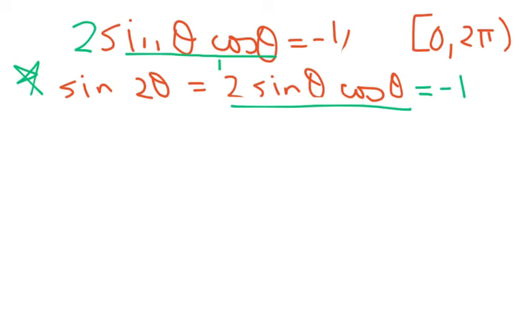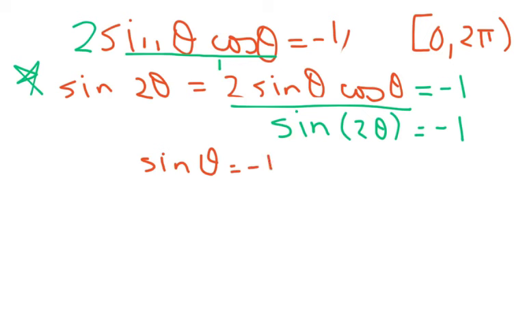Now, what I'm going to do is write this as sine of 2 theta equals negative 1. And here we go back to this prior section, and we're going to first solve for sine of theta equals negative 1, and that is at 3 pi over 2.